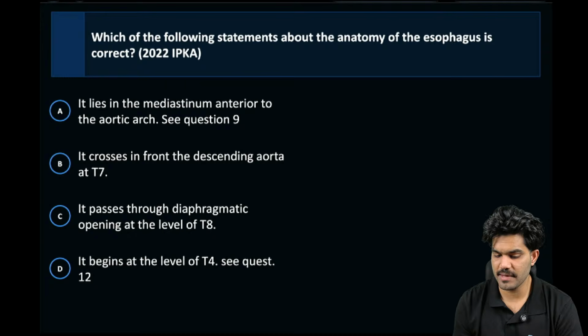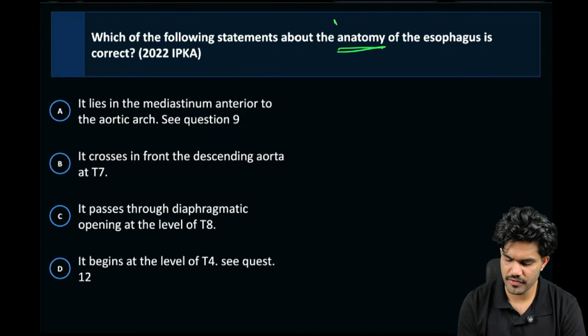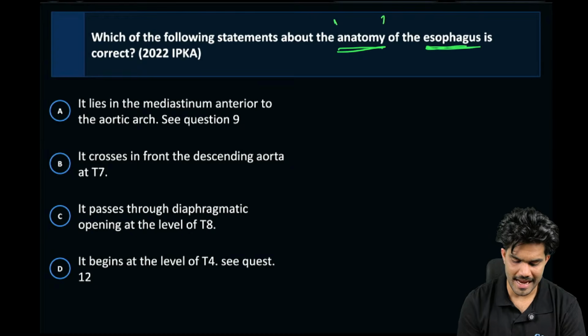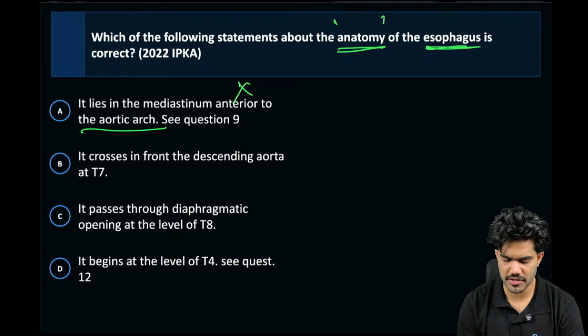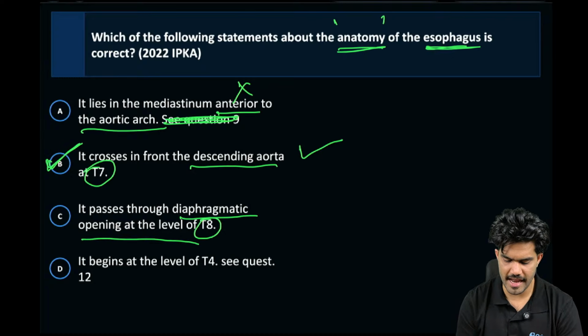Which of the following statements about the anatomy of esophagus is correct? It lies in the mediastinum anterior to the aortic arch. No, it is not lying anterior. Again and again, repeated question, guys, this one. Next, it crosses in front of descending aorta. Yes, at T7. I have told you. It passes through diaphragmatic opening at level T8.